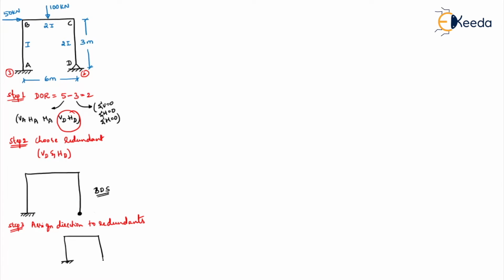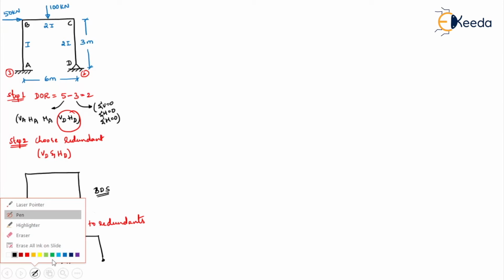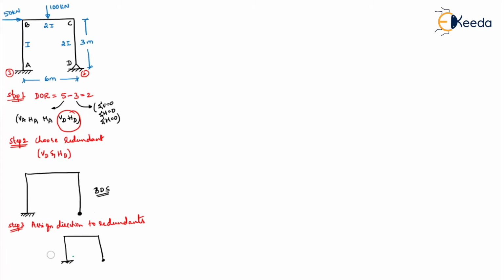So this is the basic determinate structure. Here we have to draw the redundants. So one is vertical, one is horizontal. So this will be called x1, this will be called x2. It is not compulsory, you have to take these directions only. You can take downward and leftward. You can take this as x1 and x2, just your wish. Okay, so this is what global coordinate.